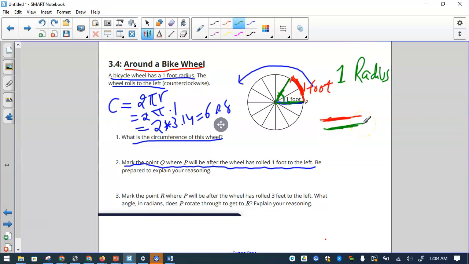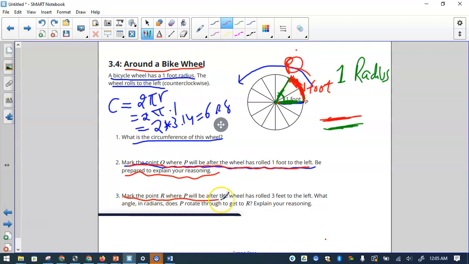The green is right here, but the red one is curved like this. So that's where the point is. Sorry, Q. Mark Q where P will be after 1 foot to the left. Be prepared to explain the reasoning. The reasoning is you are trying to cover the arc here. So it will be somewhere here.